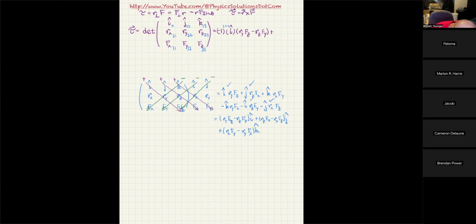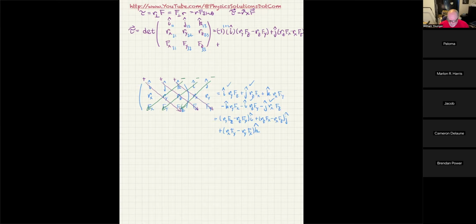Now I'm going to write down j hat, and now I'm going to take the determinant of the remaining 2 by 2 matrix backwards. So instead of this minus this, I'm going to go this minus this. So I'm going to do RZFX minus RXFZ. And that's my J hat. And then plus, again, you'd put a -1, but it'd be raised to the 1 plus 3 power.